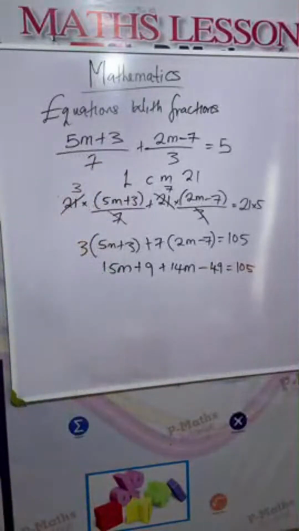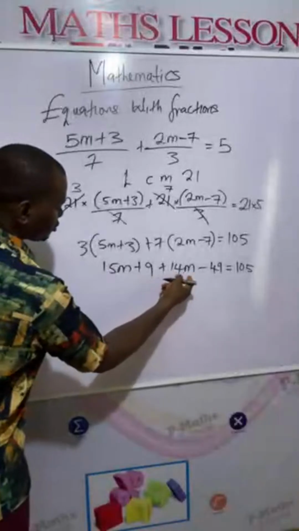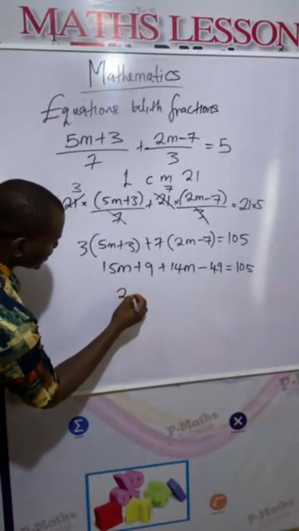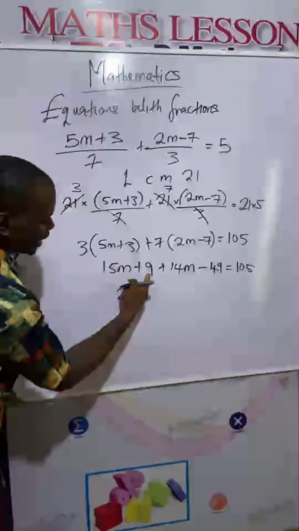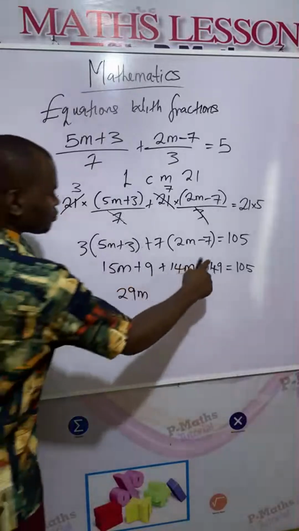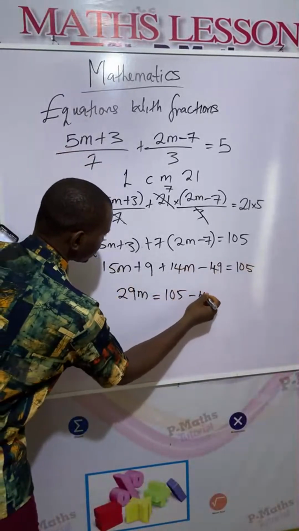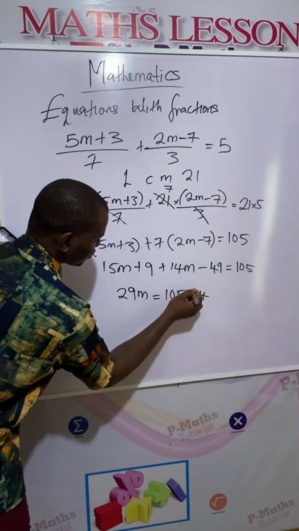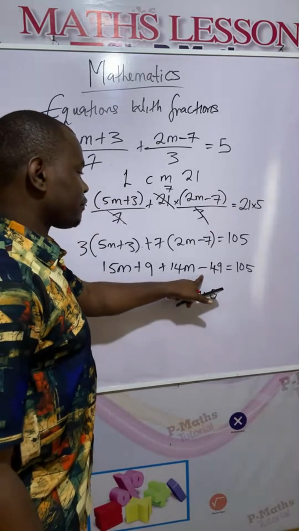Next, we collect like terms. 15m plus 14m will give us 29m. 9 minus 49 will give you negative 40. Move it to the right hand side. 105 plus 40, because it is negative 40.